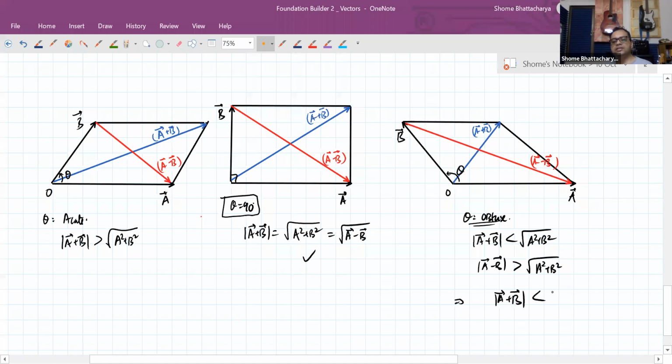This is less than mod a minus b. Whereas whenever it is an acute angle, then this is less than root of a square plus b square. So you have mod a minus b is less than mod a plus b.